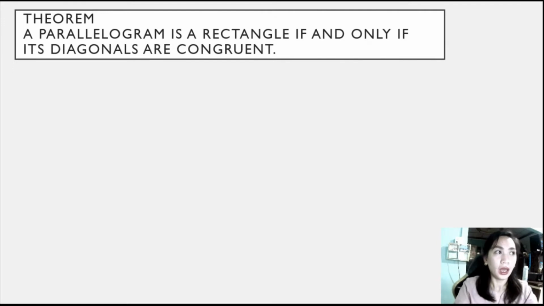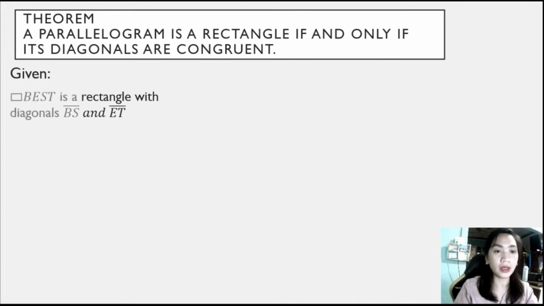Okay, so let's have this first theorem. A parallelogram is a rectangle if and only if its diagonals are congruent. So, masasabi mo na ang given parallelogram ay isang rectangle kapag ang diagonal niya ay congruent or equal.